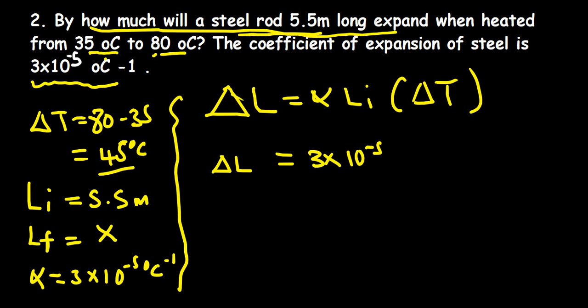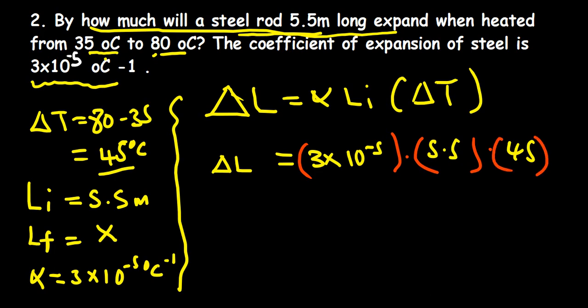We multiply this with the initial length, which is 5.5, and then by the change in temperature, which we found to be 45. So this is what we have here.